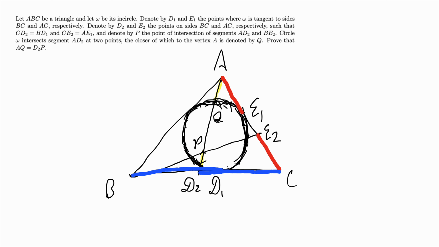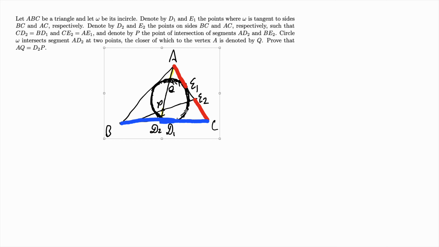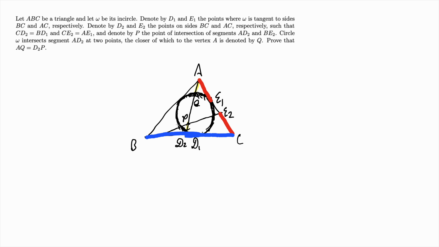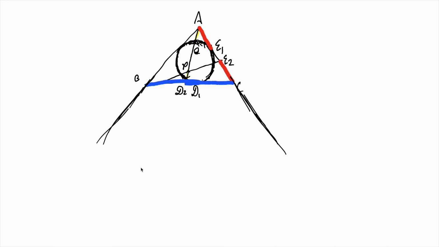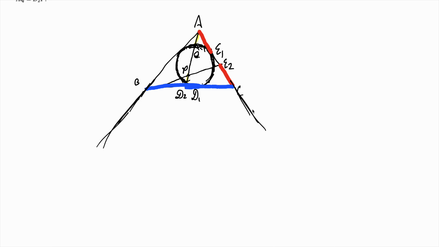There is one thing that we all should think of when we see this figure, and that is the excenter. So we're going to draw an excenter with respect to A. The way we can do that is by extending this line and drawing an excircle. This will be a tough job, but let's try.